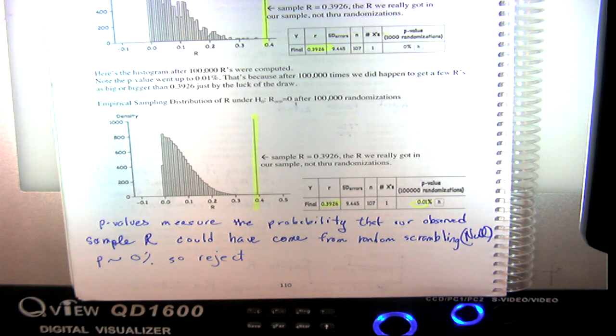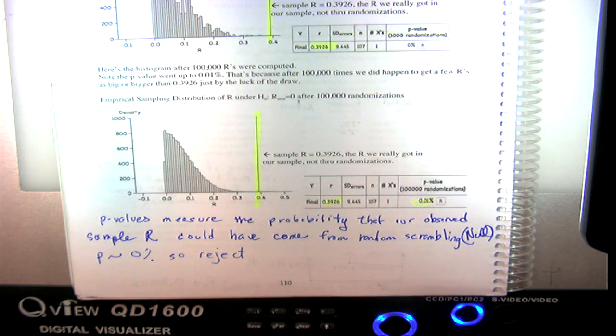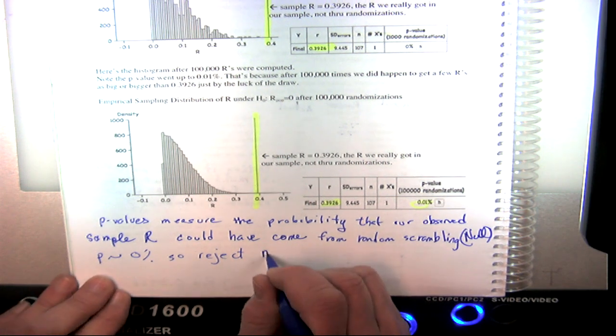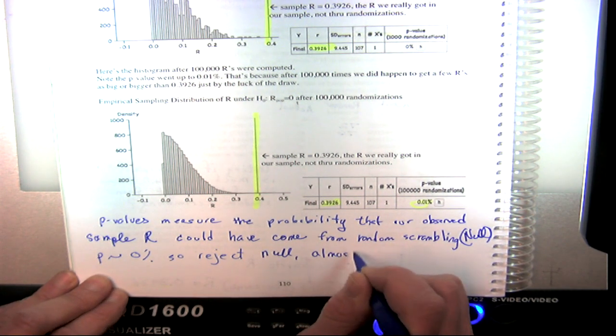What I mean is from taking a random sample from a population that had no correlation. And here, the null is that it just comes from this random scrambling, which is essentially the same thing. Okay? So you reject the null because we see that it's almost impossible.